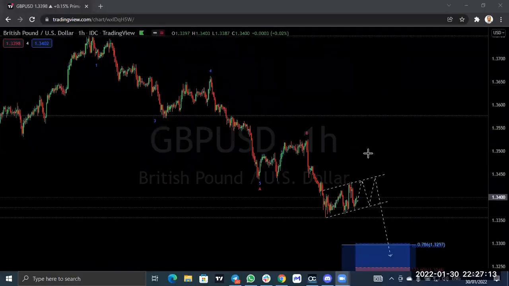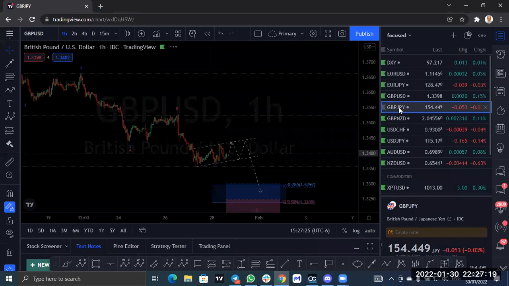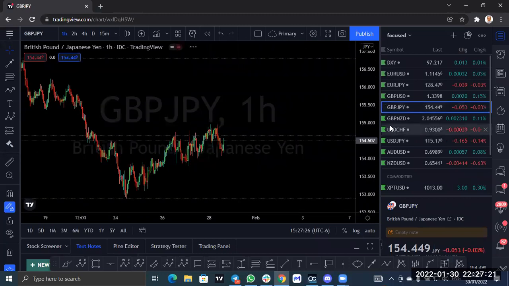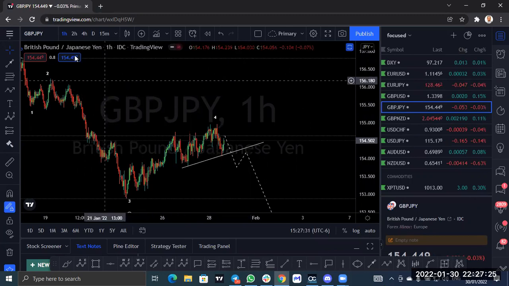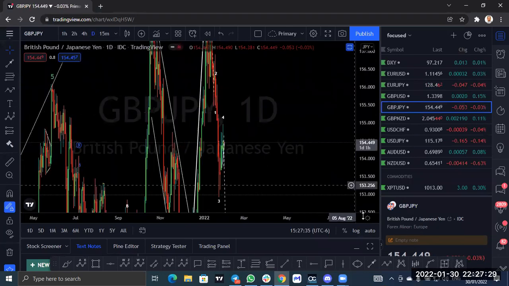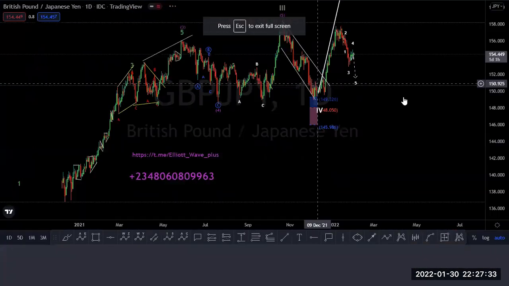Next is pounds JPY. Pounds JPY. So let's start from daily, but I think not much from pounds USD. So let's take a look.